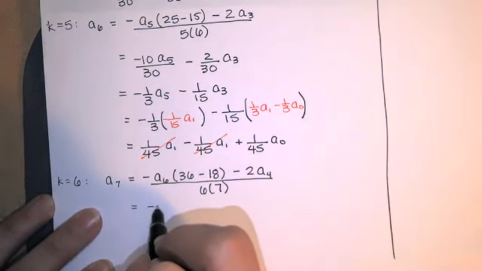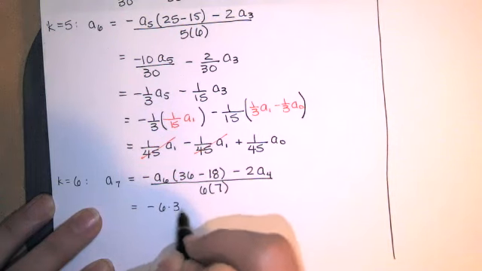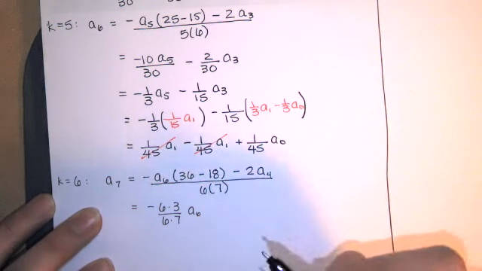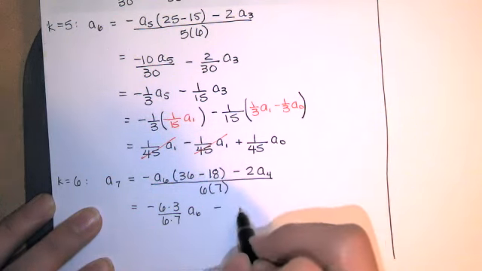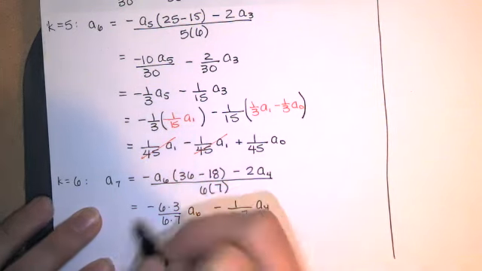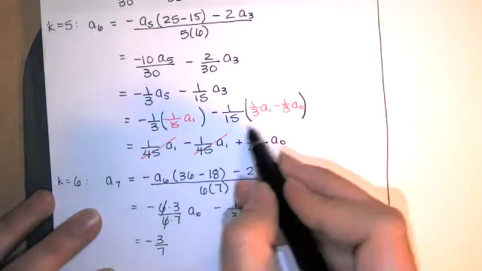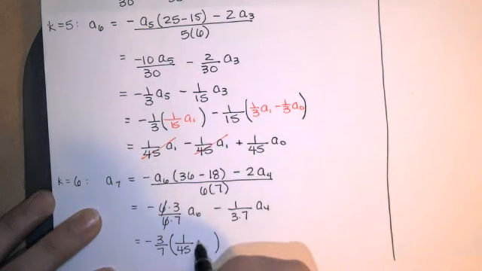So this is going to give me a negative 18, which is 6 times 3, over 6 times 7 times a sub 6. And then I'll have minus 2 over 6 times 7, or minus 1 over 3 times 7 times a sub 4. The 6's reduce. And so we'll have negative 3 over 7 times a sub 6, and a sub 6 simplified to 1 over 45 times a sub 0.